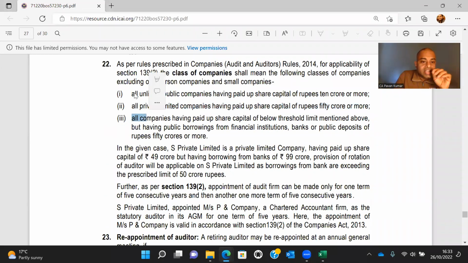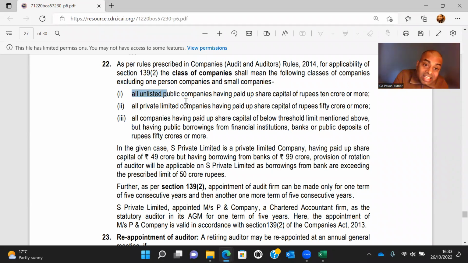All companies, see, here they are telling about unlisted public companies, because for a listed public company it always applies. For unlisted public company, share capital 10 crore or more. For private limited company, share capital 50 crore or more.